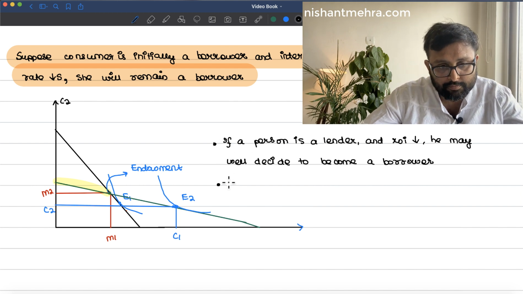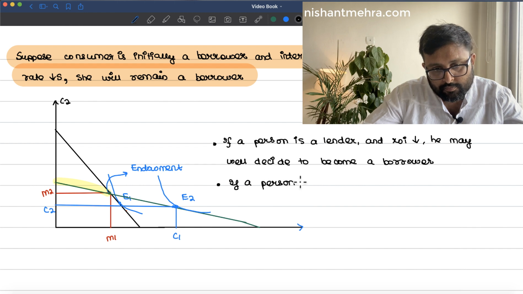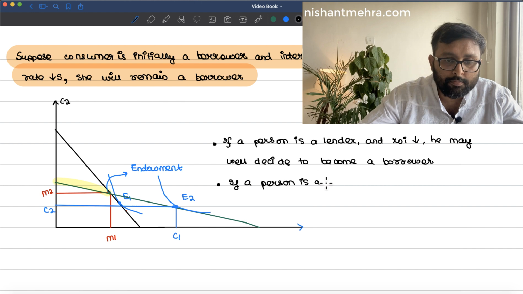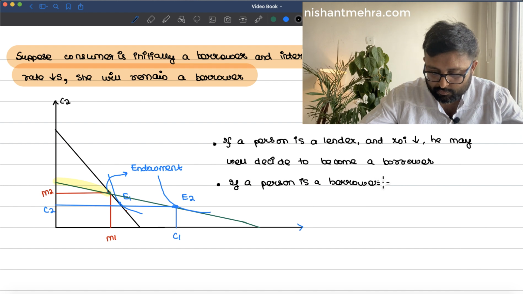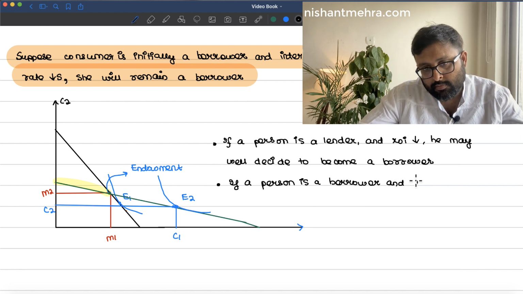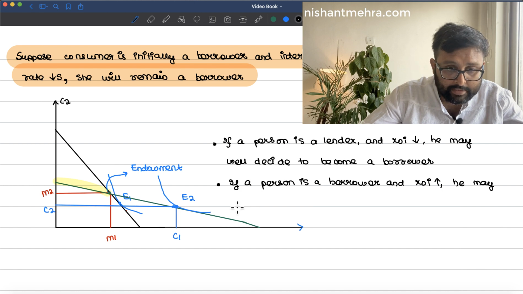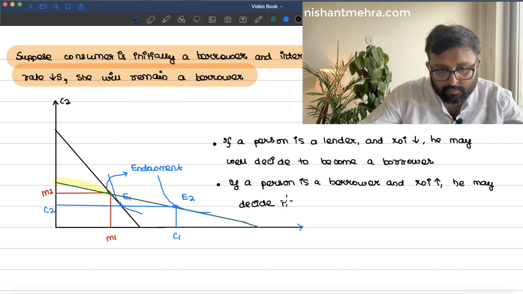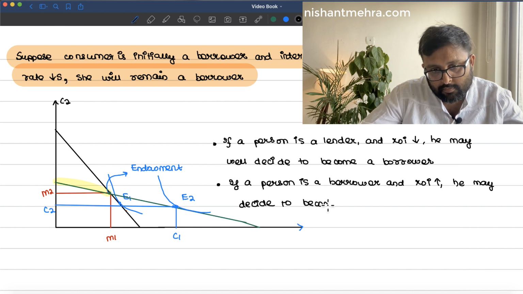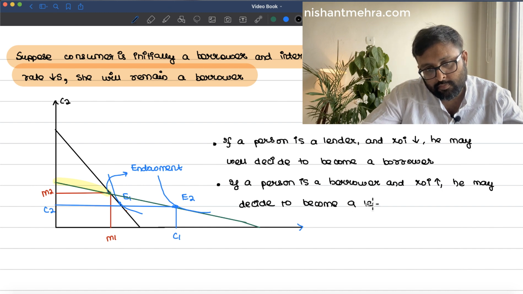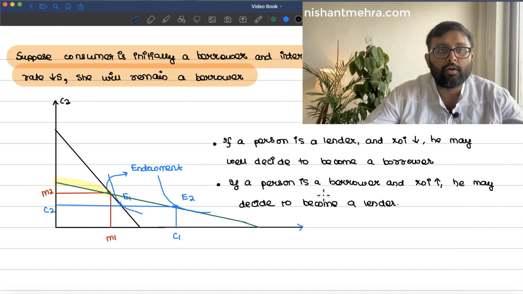Please write. If a person is a borrower and rate of interest increases, he may decide to become a lender, right?